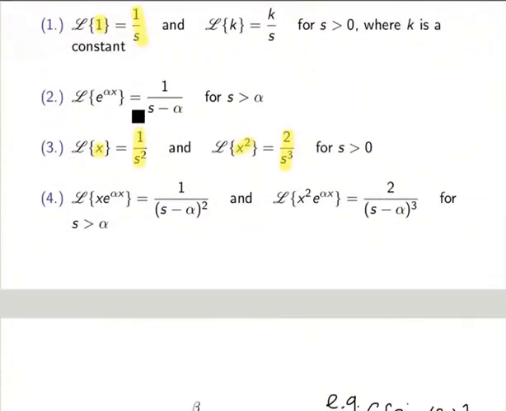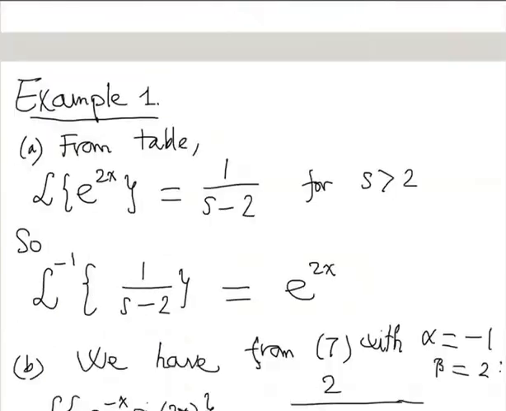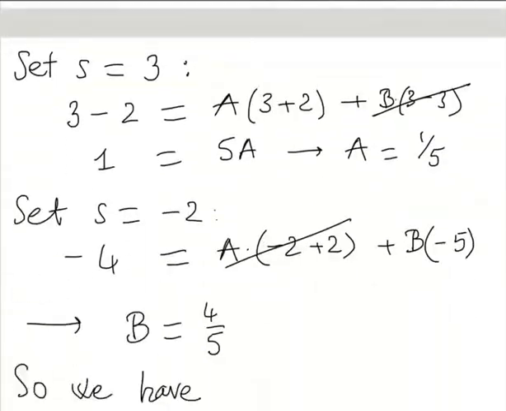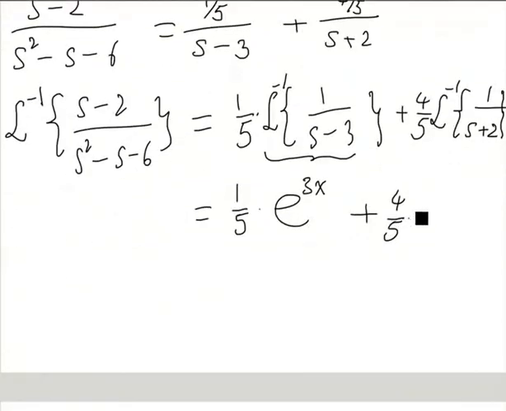At this time, alpha is going to be negative 2. Negative 2 will give us 1 over s minus negative 2, which is 1 over s plus 2. So we get e to the negative 2x. And this is the answer we're looking for.